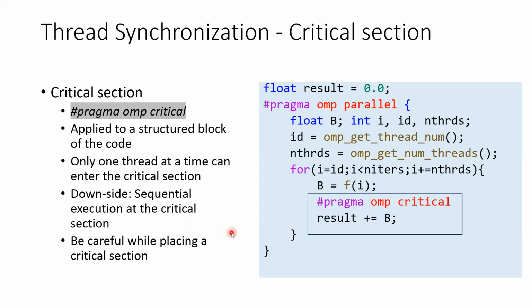So it has a huge impact on your performance. You are expecting that multiple threads will get executed in parallel, but every iteration is executing in a critical section. And basically we do not need every iteration to be in critical.